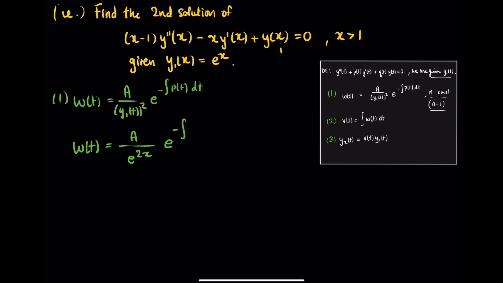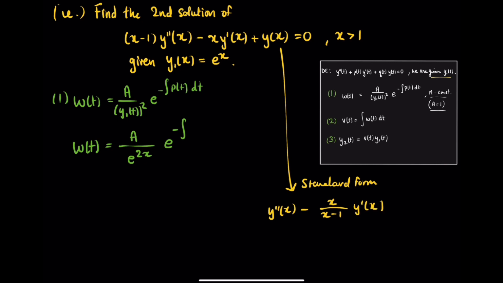If we convert to standard form, we get y''(x) - x/(x - 1) y'(x) + 1/(x - 1) y(x) = 0. So your p(x) as per the standard form is -x/(x - 1).